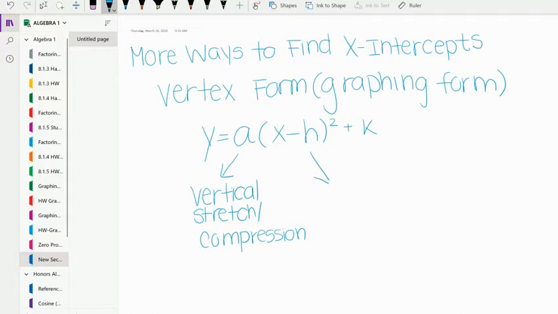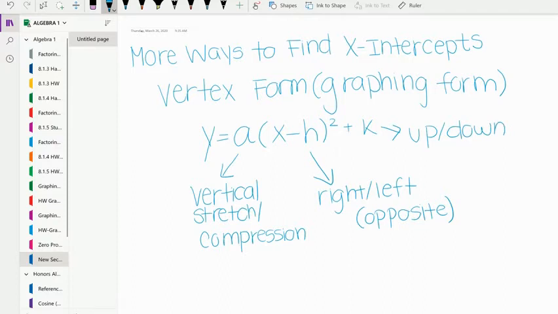This is just a general idea. The h controls the translation right or left. And if you guys remember, it's always the opposite. So for example, if it's x minus 1, that means it goes to the right one. If it's x plus 4, it goes to the left 4. And k moves it up or down.